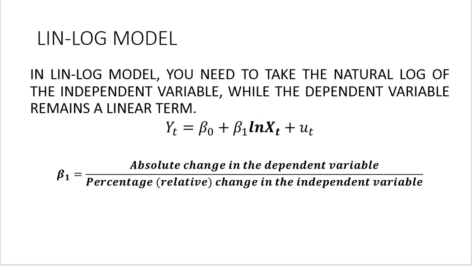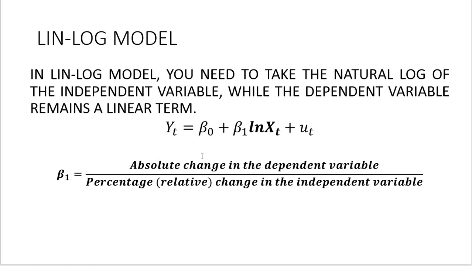And the final thing is the lin-log model. In this case, the dependent variable is represented by a linear term, and the independent variable is represented by a natural logarithm. So in this case, we interpret the value of beta 1 in the opposite way.